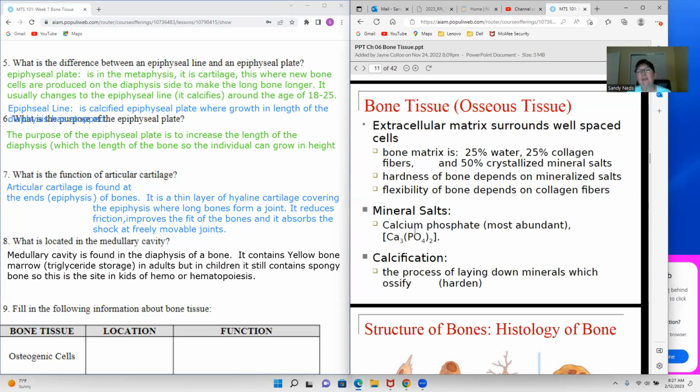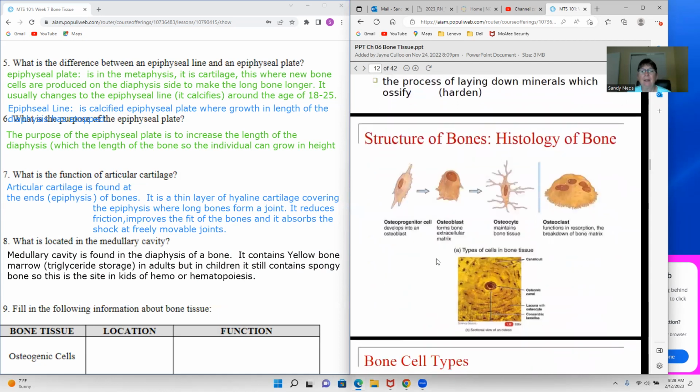And the other type of mineral salt is calcium magnesium. And that is what forms the hardness of our bone. So calcification, that is a new term, calcification is the process of laying down the calcium phosphate and calcium magnesium, to ossify, and ossify is a new word, to harden the bone.